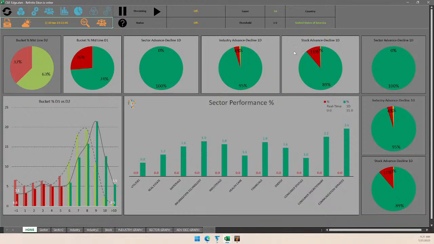Now I will look at many stocks today, at least 6 more stocks. But before that, let's look at the market, global market as well as USA market. Then I'll come back to a number of stocks.